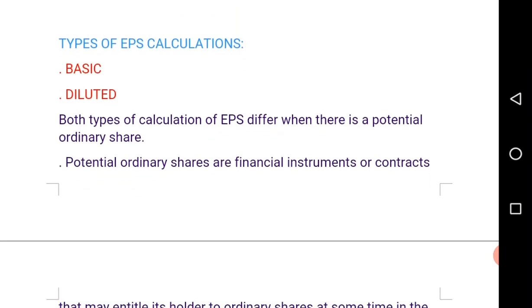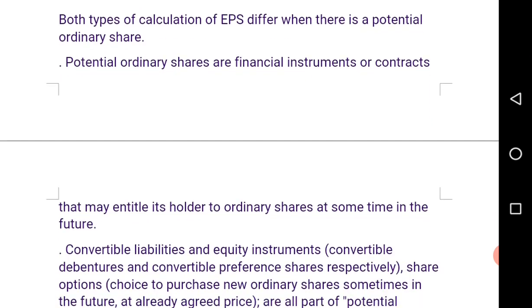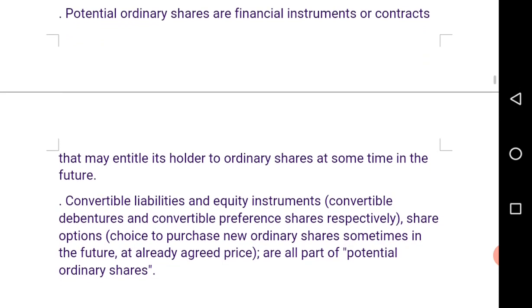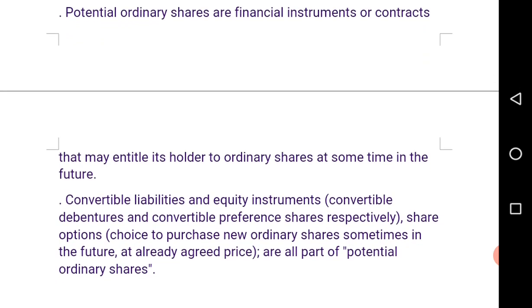So potential ordinary shares are financial instruments or contracts that may entitle its holder to ordinary shares at some time in the future. It entitles whoever owns it to become part of the owners of the company at some time in the future. Convertible liabilities and convertible equity instruments comprise convertible debentures.